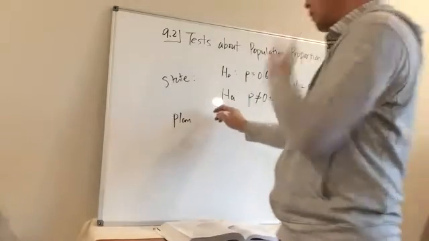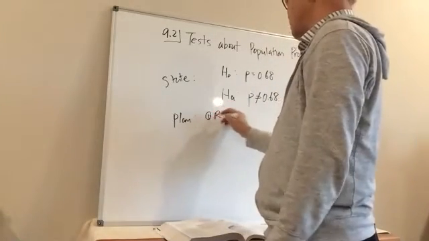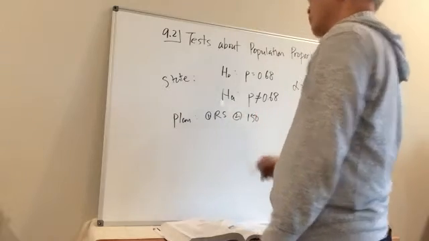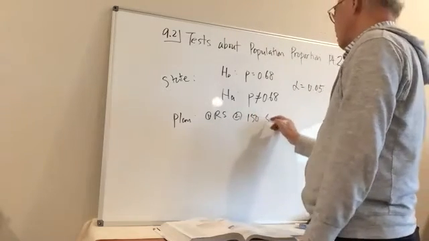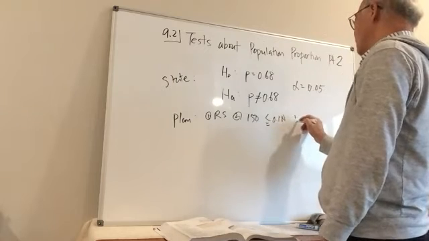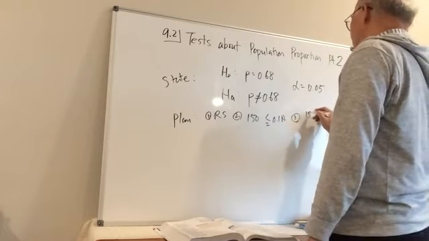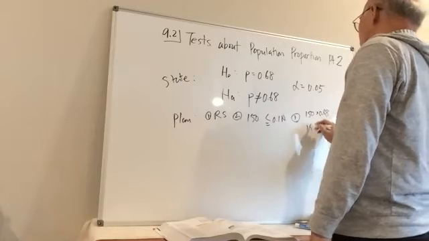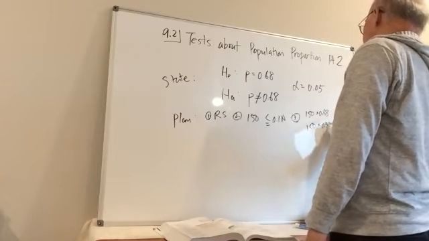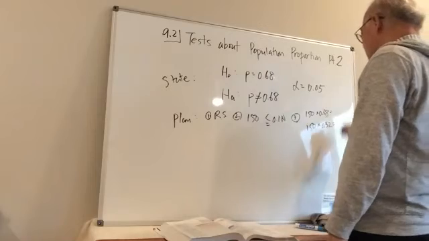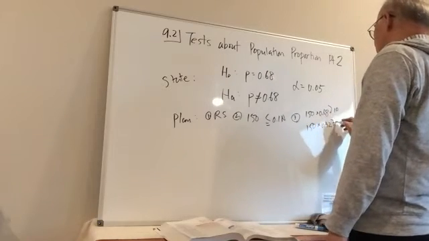Plan. So one, yes, we're doing a random sample. Two, we only did 150 out of a large high school. Three, we're going to have np and n(1 minus p), and these are both greater than or equal to 10.